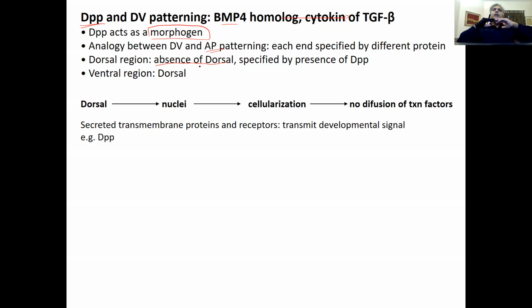They have effects which counter each other's effect. DPP plays a role all the way from the dorsalmost region up to neuroectoderm, and dorsal plays a role from the ventralmost region to neuroectoderm.